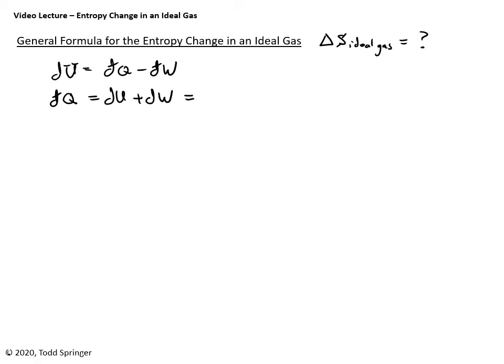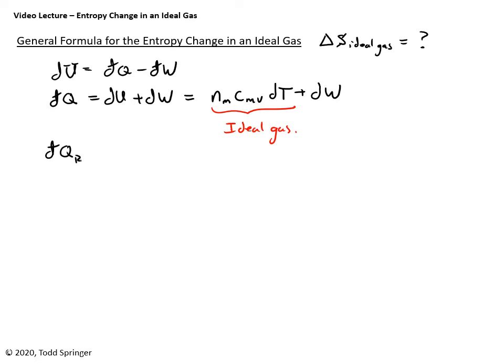And then dU, you remember for an ideal gas, is n_m C_mV dT, plus đW. So here I specified to an ideal gas. Now, this is generally true for an ideal gas.